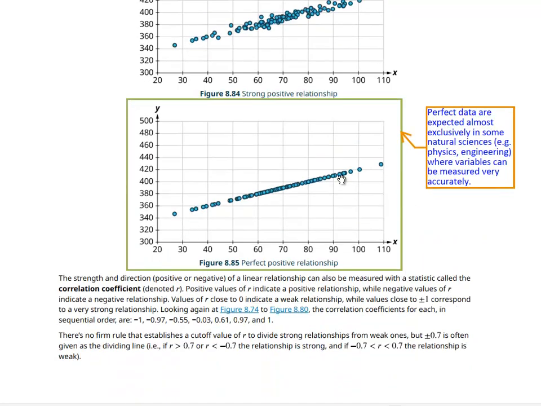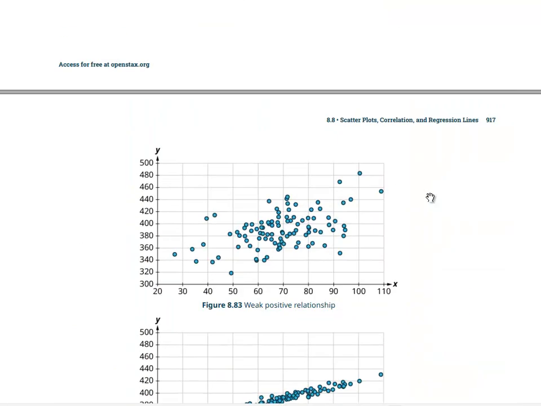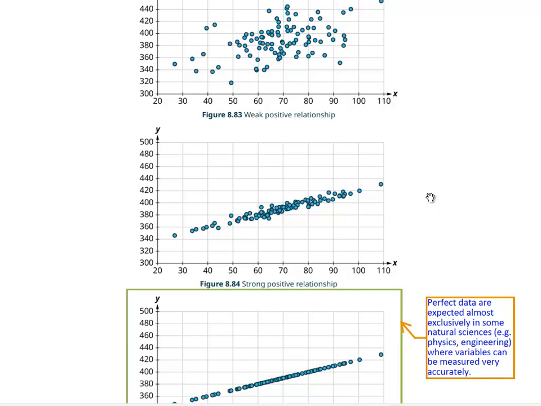So here we go, and then there's that typical one here, perfect data, physics engineering is my example. And I think that's all I had from this particular chapter in our contemporary mathematics book.